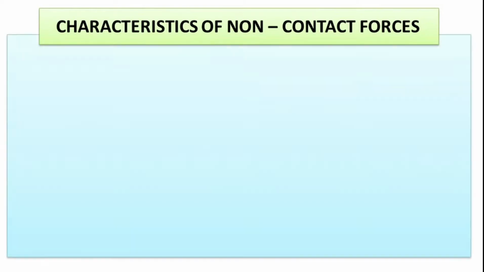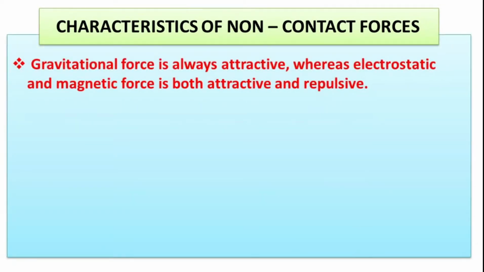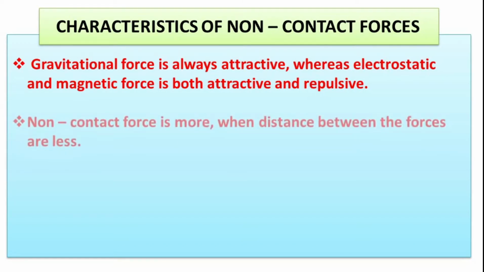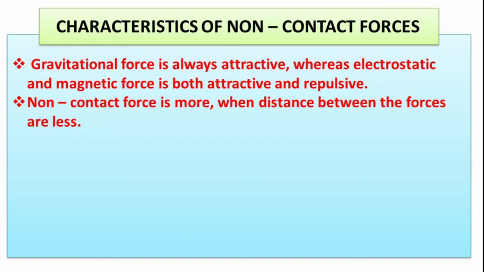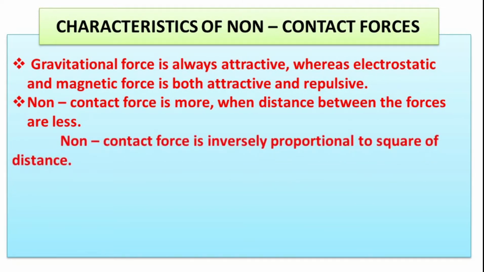Number one, gravitational force is always attractive, whereas electrostatic force and magnetic force are both attractive and repulsive. Number two, non-contact force is more when the distance between the bodies is less, and when distance increases, force becomes lesser and lesser. So, non-contact force is inversely proportional to the square of distance.